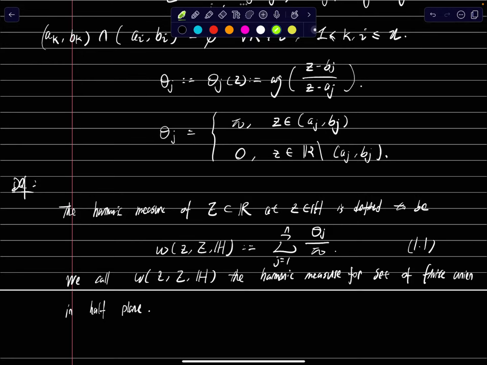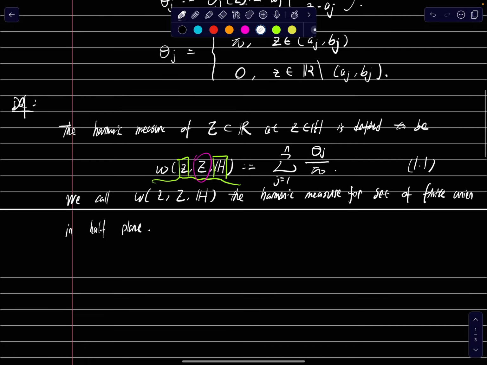Okay, so we observe this harmonic measure. It has three arguments. The first argument is a point z in some region H, and with respect to some set E. Since z is a point of the third parameter, sometimes we also write omega(H, z, E).